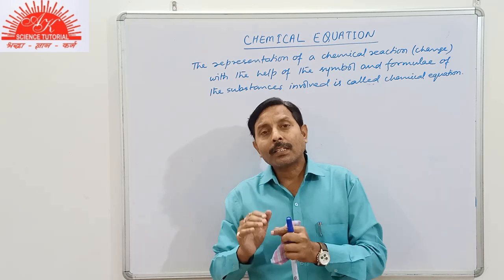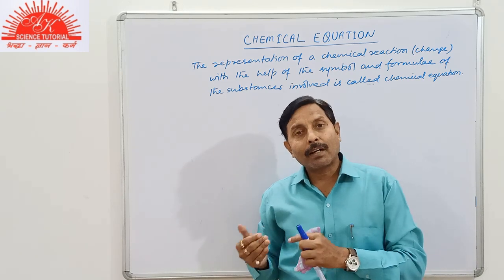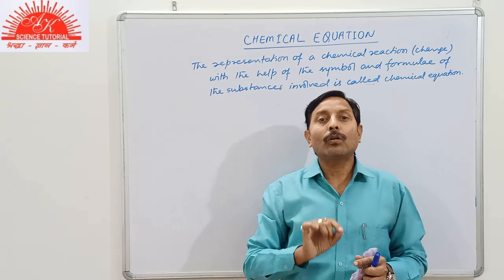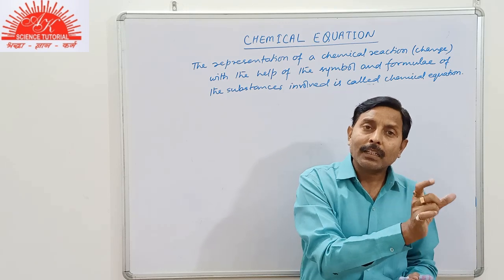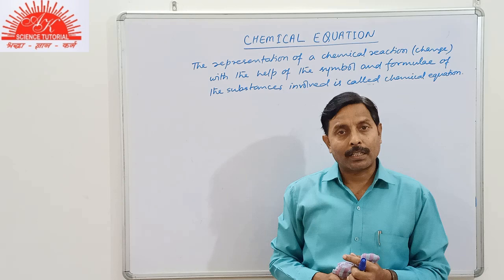Similarly, products are written on the right side and they are also separated by plus sign. And finally, we put an arrow between reactants and products, marking that such substances are converted into the new substances.